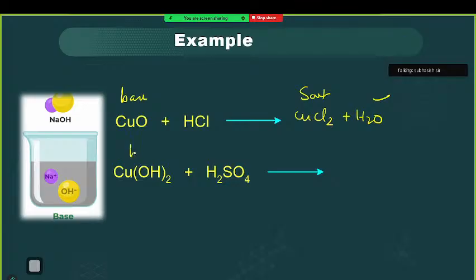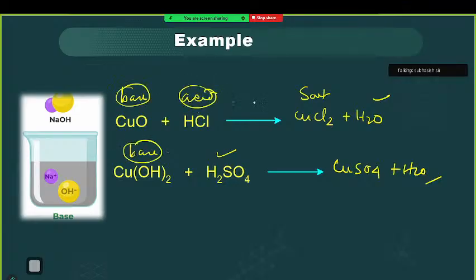Also copper hydroxide is a base, and it reacts with sulfuric acid with the formation of copper sulfate and water. So copper hydroxide and copper oxide are all bases, and they react with acid with the formation of salt and water. So bases are those substances which, when they react with acid, produce salt and water.